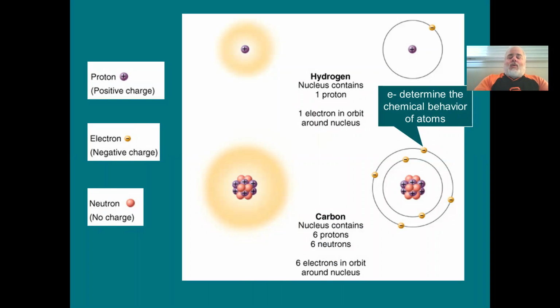So in order to understand pH, we first have to look at individual atoms and understand what's going on with individual atoms. Atoms are made up of three components.